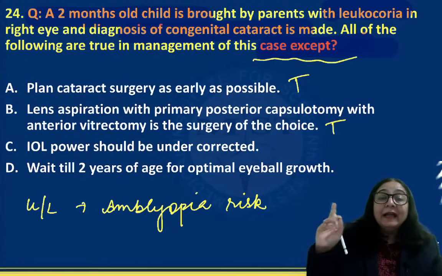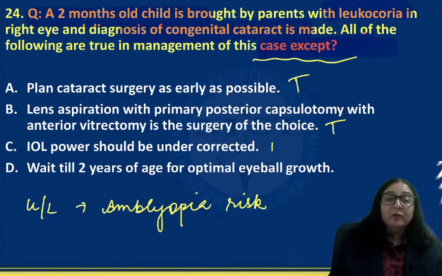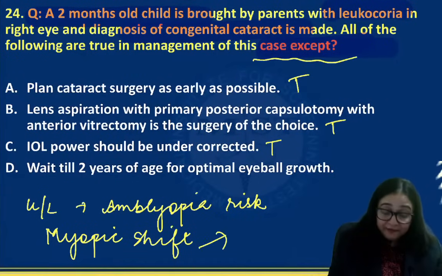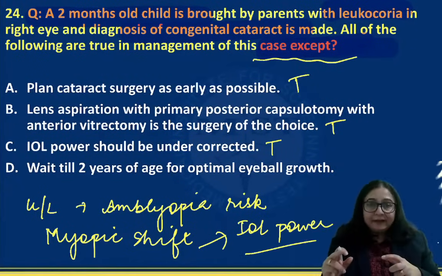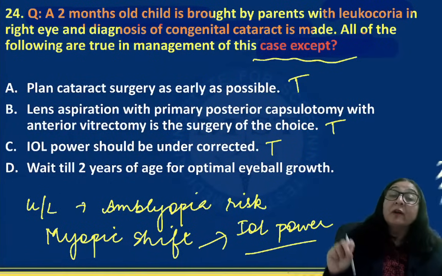Intraocular lens power should be undercorrected. That is true because as their eyeball grows, they will undergo myopic shift. This myopic shift is going to affect their lens power, so you will not give the full power as calculated with the formula.